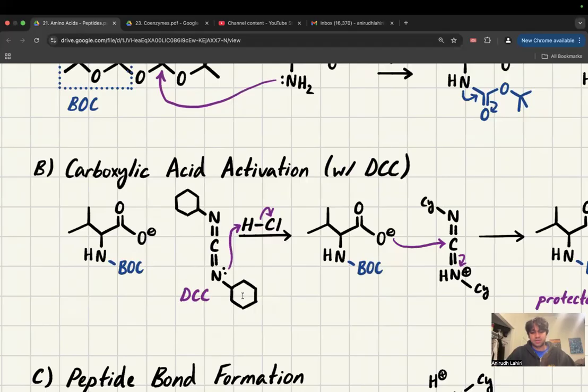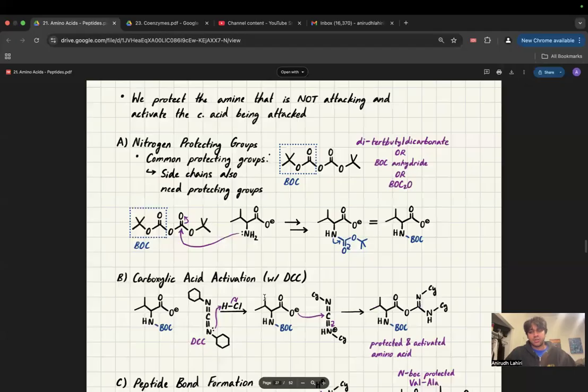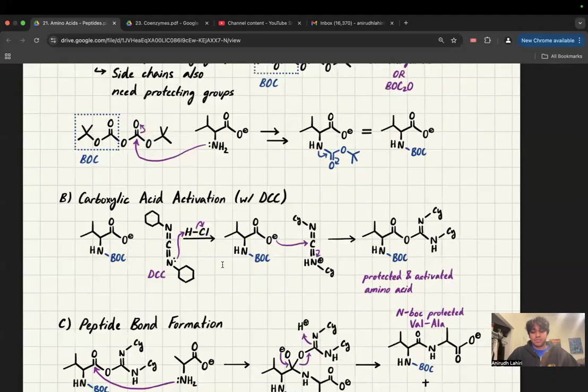All these molecules have a lot of symmetry. All the molecules in this class in general will have a lot of symmetry, so if you can remember half of it, you've got the whole structure. The whole point of this is to activate the amino acid, so we're making it more prone to nucleophilic attack.